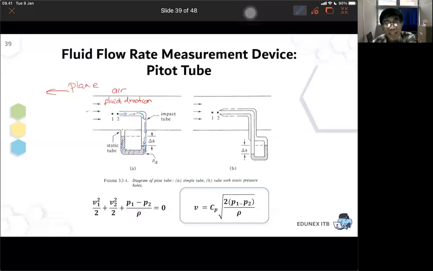When the plane is not moving yet, there will be no difference in the liquid of the manometer. But when the plane is moving and the air is moving in the opposite direction, then the air will be pressing the liquid inside the manometer until some pressure difference is achieved and the liquid is in static condition.